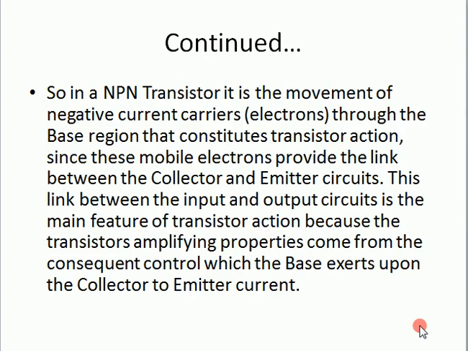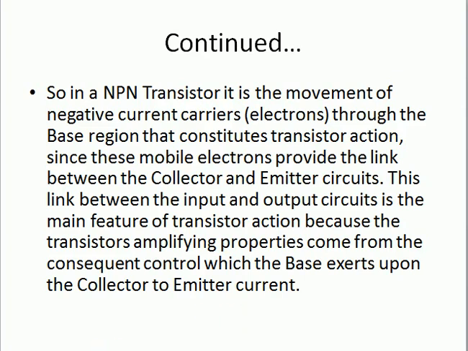Now, these mobile electrons provide the link between the collector and the emitter circuit. Why the link between the collector and the emitter circuit? Because basically the emitter is used to provide the charges, the base controls those charges, and then it provides those charges to the collector. So basically the base is the link between the emitter and the collector circuit.